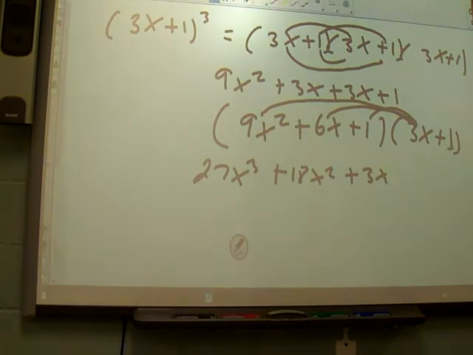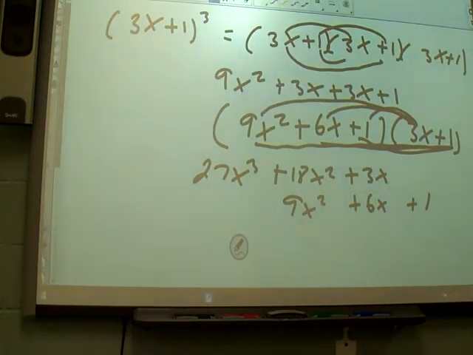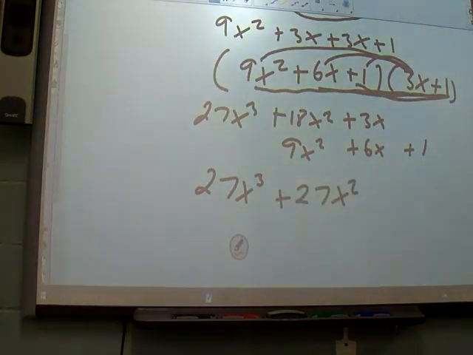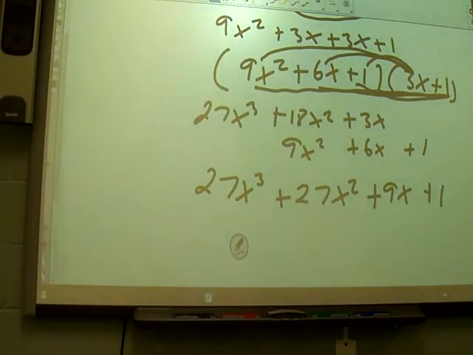And now my 1 has to go to all of them, so 9x squared, 6x, plus 1. So those like terms: we have 27x cubed, 18 and 9 is 27x squared, 9x, plus 1.